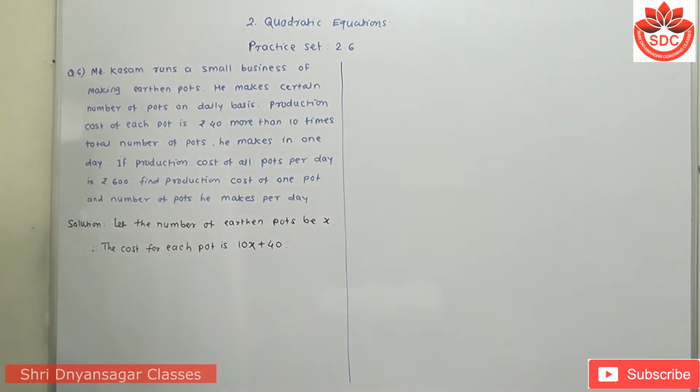Okay, then the production cost of all pots per day is 600 rupees.